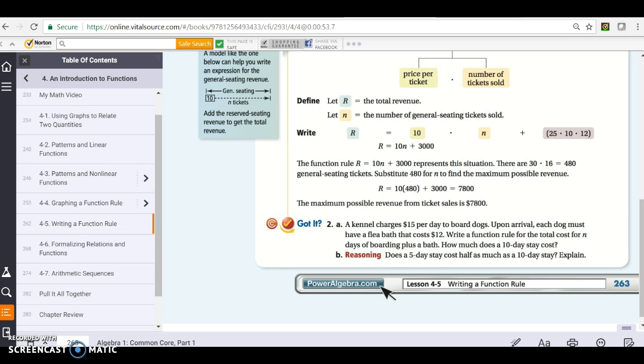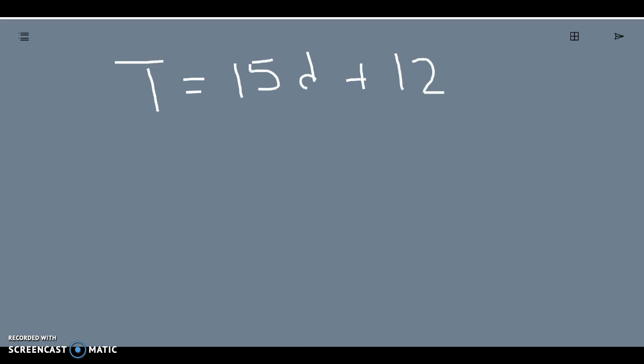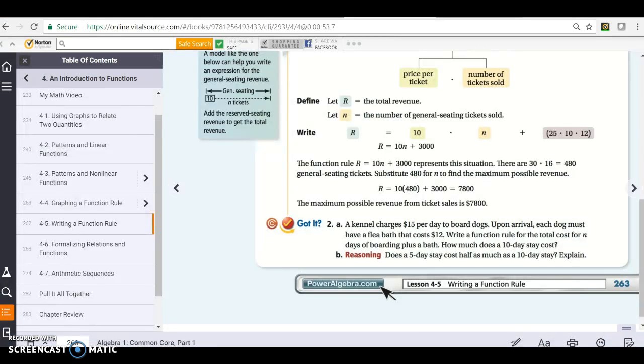So then we have to answer. That's our function rule for the cost. They told us N was the number of days, excuse me. So T equals 15N plus 12. I'm sorry, I didn't follow instructions. How much does a 10-day stay cost?